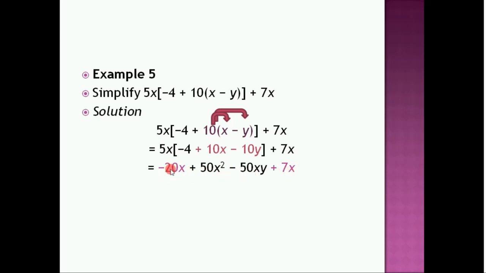It's highlighted that these two are like terms, so we can simplify these two. Minus 20x and plus 7x will be minus 13x, and the other terms come as they are. So this is example number 6.